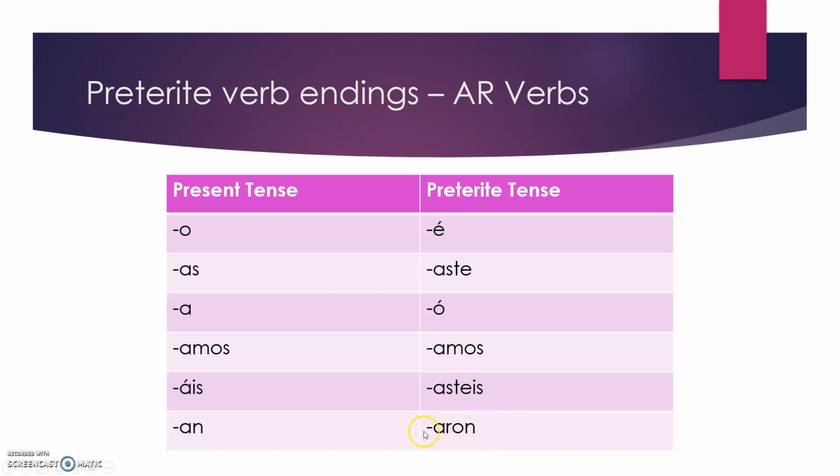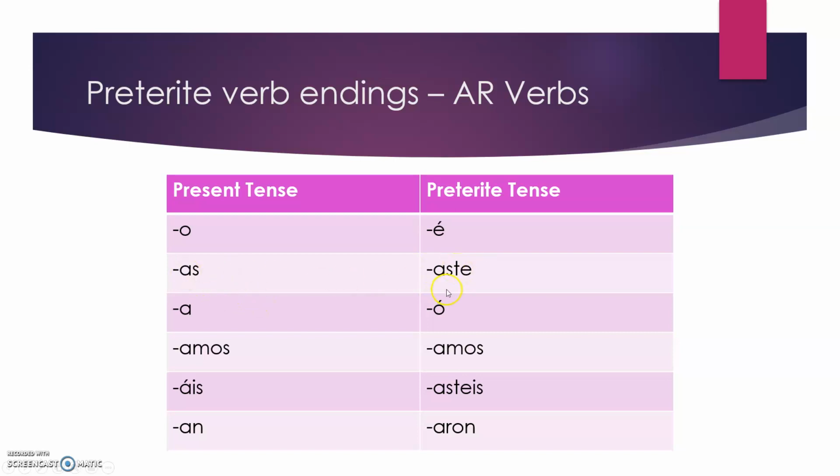You can see some connections between the preterite and the present. So, for example, ellos has an N at the end of both an and aron. Vosotros has an IS at the end of ais and astes. Okay, there's the exact same ending actually for nosotros, amos and amos, so that one's really easy to remember. And then there's a connection between the AS in the tú form in the present tense and aste in the preterite tense.